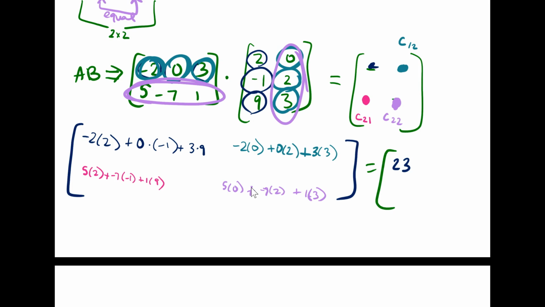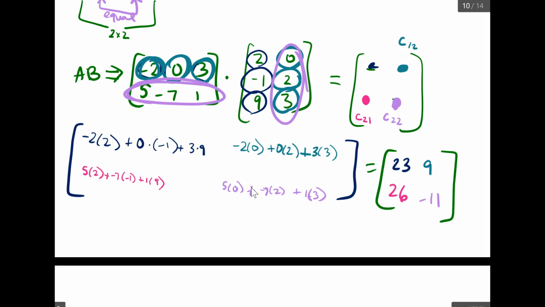What about the top right corner in the light blue? 0 times 0, oh, 27. 9, oh yeah, 3 times 3 is 9. Cool. What about the bottom left corner? 10 plus 7, 17, plus 9 is 26. So I'm really trying to show you with the colors what's going on. All right, let's do the purple. Negative 14 plus 3, negative 11.